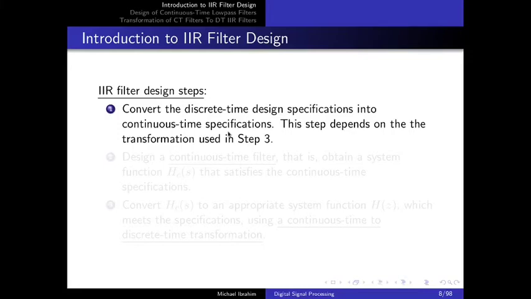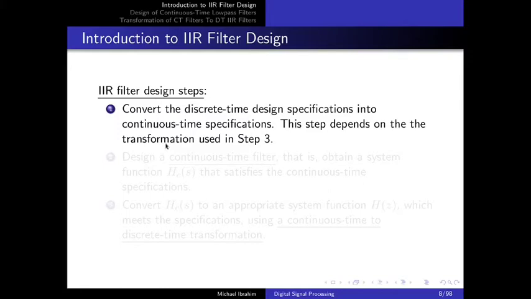And as you remember, in the previous chapter, we talked about the absolute specification, relative specification, and analog specification or continuous time specification, epsilon and A. And we have seen equations relating epsilon and A to AS and AP. And this step depends on the transformation which will be used in step 3, the transformation from continuous time to discrete time.